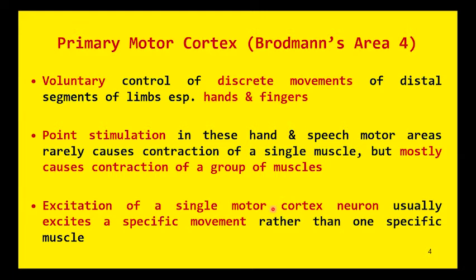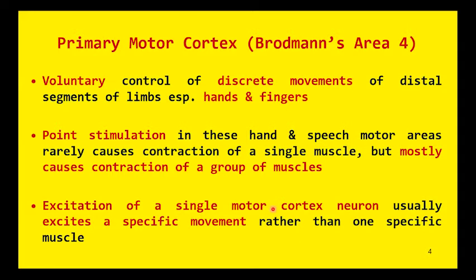So if you stimulate a single point on the surface of the cerebrum, this will cause contraction of a whole group of muscles rather than a single muscle twitch. So all the voluntary, discrete movements of distal segments of limbs, especially the upper limb, including hands and fingers, this is the function of the primary motor area.